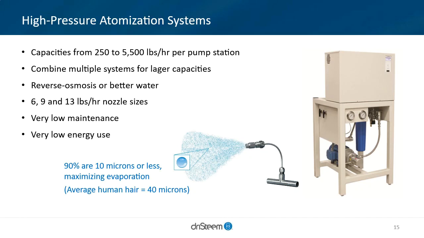So very low energy usage. As we talk about adiabatic technologies and look at this energy comparison of what it takes to boil water compared to disperse it, let's say in high pressure atomization, the largest size is using a 10 horsepower motor, which is a very low energy usage.